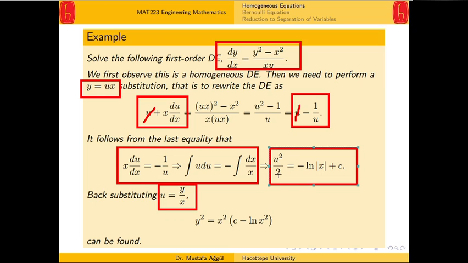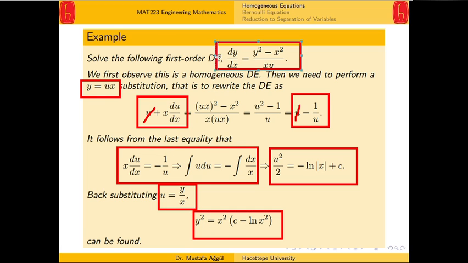This squared comes from the two multiplied to the right-hand side, so we'll have negative 2 ln x. Negative 2 ln x means negative ln x squared, because 2 can be rewritten as the power of the input of the logarithmic function. Okay, so this is what we really end up with, and this is our solution to the differential equation.